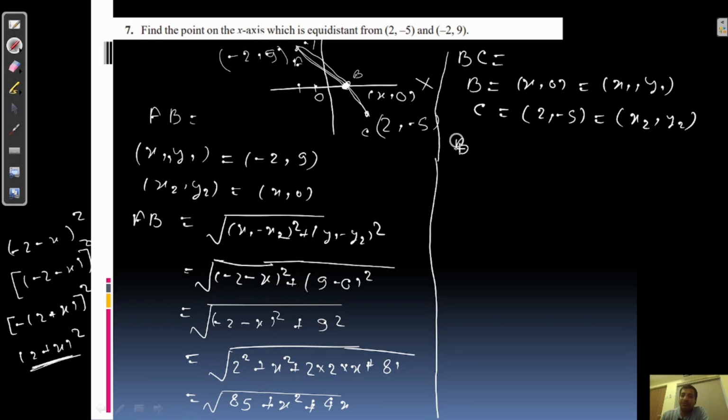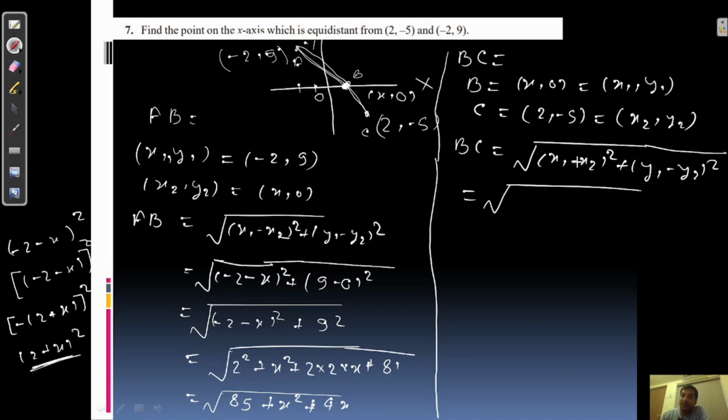So what is the value of BC here? Root of x1 minus x2 whole square plus, say with me, y1 minus y2 whole square. Otherwise you will feel disconnected. You will feel sleepy if you are not repeating all the things with me. Please repeat with me, whether I am present there or not.